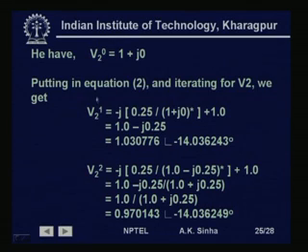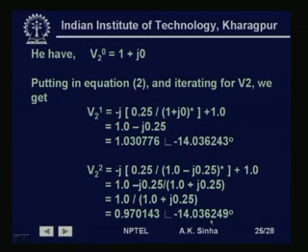Now, if we substitute this value for V2 in that equation, we will get another updated estimate, that will be V2 at the second iteration, which after substituting the values here, we will get as 0.970143 with an angle of minus 14.036.